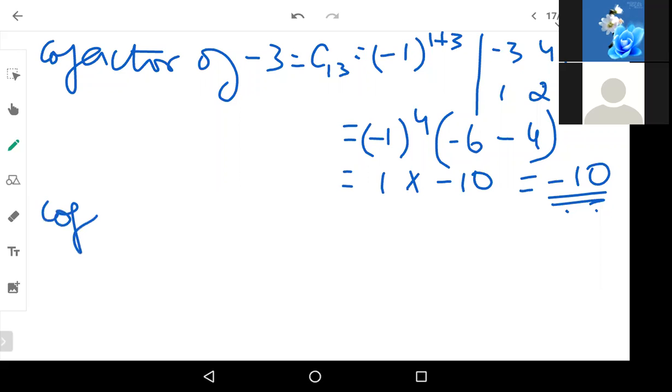Next. Since we have already solved all of these concepts, I am going a little fast to finish the problem. Okay. So cofactor of next one is 4. You want me to slow down? Are you able to understand?